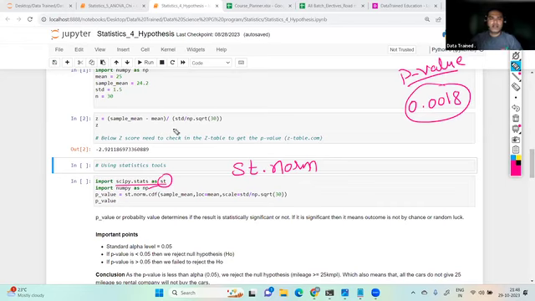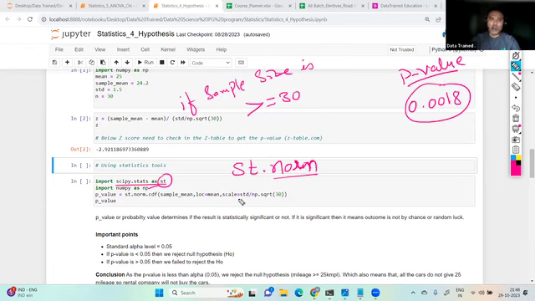In inferential statistics, listen to this carefully, we assume that if sample size is greater than or equal to 30, data is distributed normally. So in our case, sample size is 30, so we are going to assume that it is normally distributed.